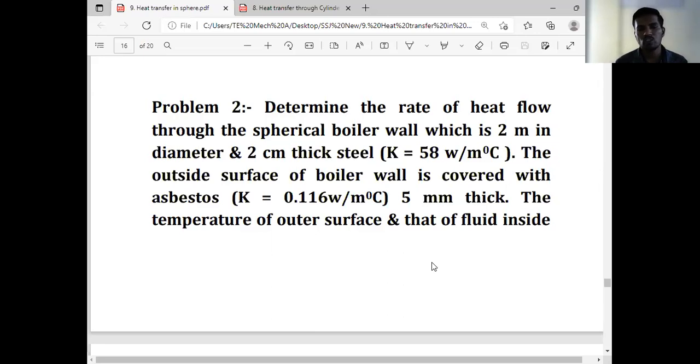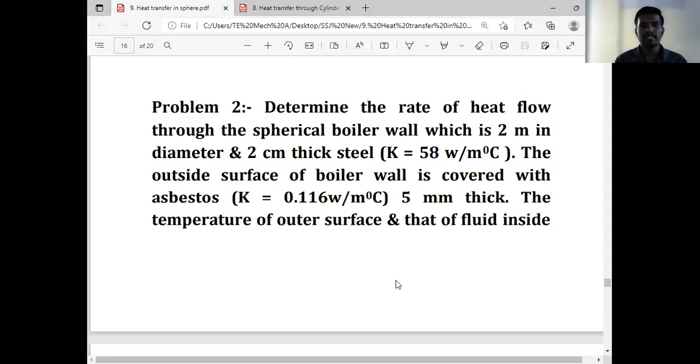The outside surface of boiler wall is covered with asbestos.